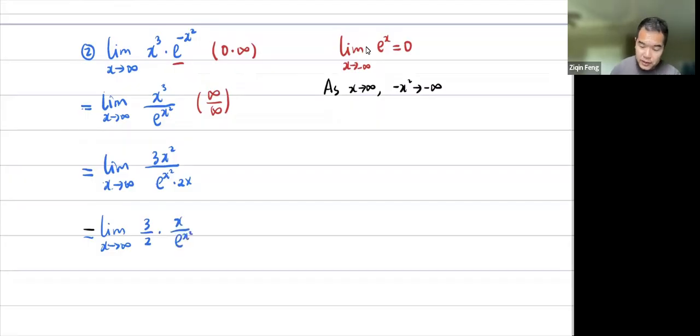So as x goes to infinity, if you look at this new quotient, this is still infinity over infinity. Apply L'Hopital's rule again.